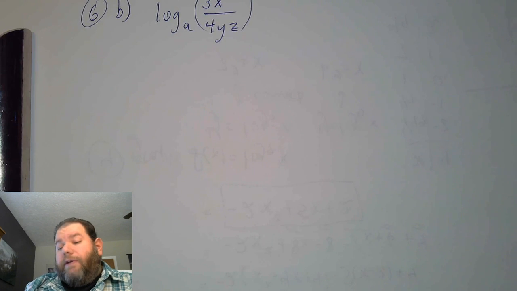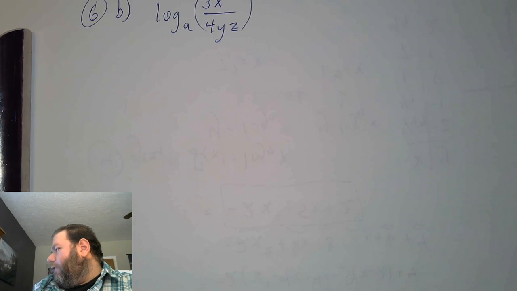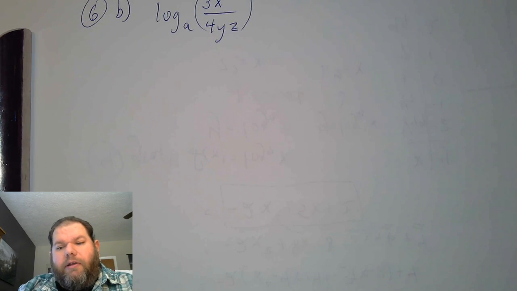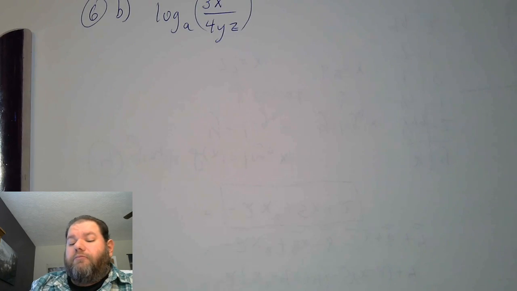Now the instructions here are to use the properties of logarithms to write each expression in terms of x, y, and z, with each variable of first degree. Basically, we want to separate this out into multiple logarithm terms, but we'll have a very simple term inside each logarithm, x, y, or z, it says.